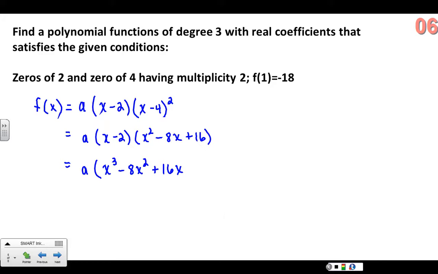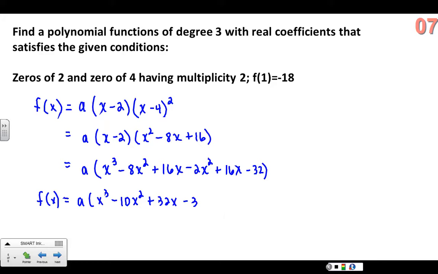Then we'll multiply the negative 2 throughout, so minus 2x squared plus 16x minus 32. So the basic structure of my function is a times x cubed minus 10x squared plus 32x minus 32.